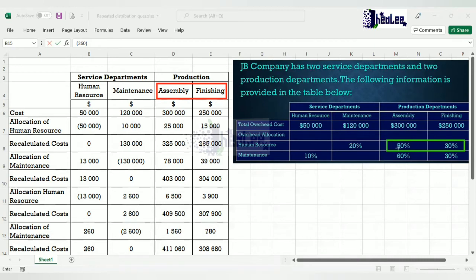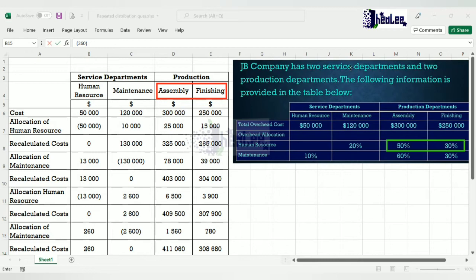We have to reassemble the portion, what we are going to share. We're sharing 50% to assembly and 30% to finishing. Because we have a total of 80, it will be 50 out of 80 for the assembly and 30 out of 80 for the finishing.